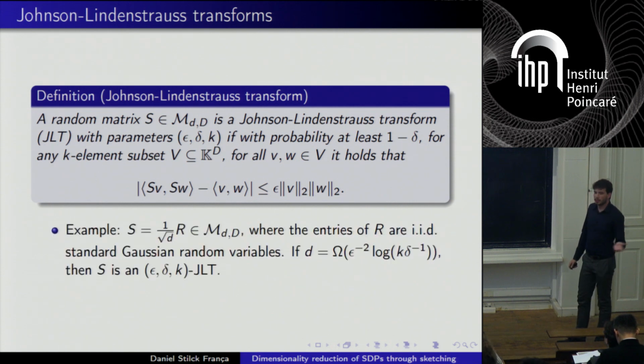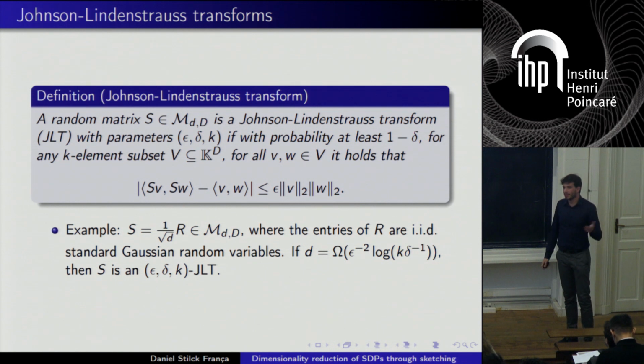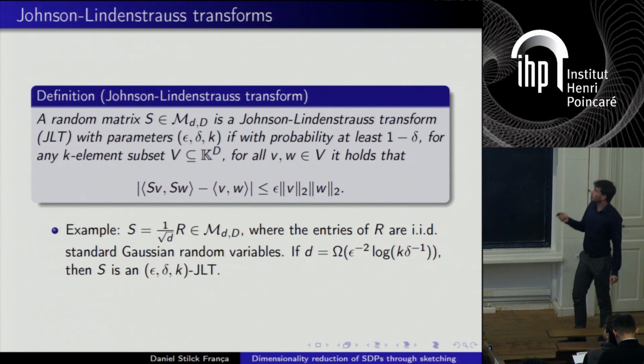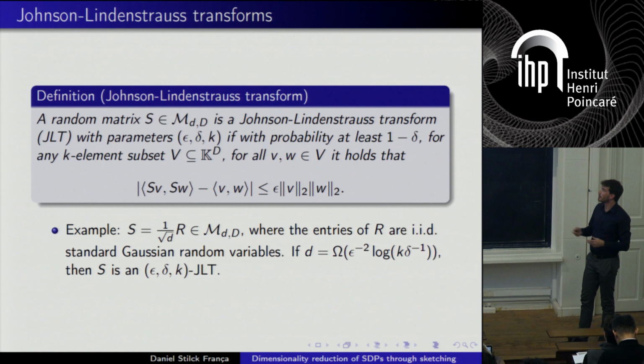The standard example, or one of the standard examples, are IID Gaussian random matrices, where the entries of the matrix are IID Gaussians, and d scales like epsilon to the -2 times the logarithm of k delta^-1. Notice that we don't have any large D here. This only depends on how big your set is, which is k.